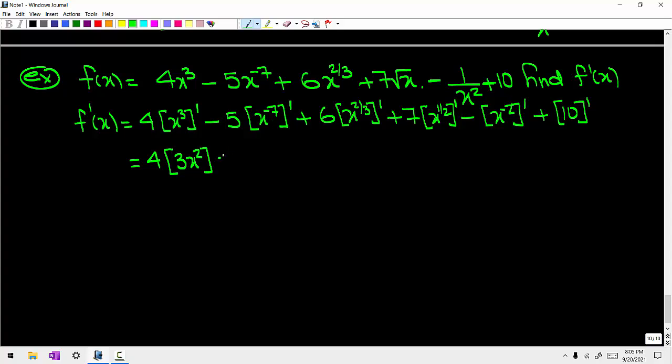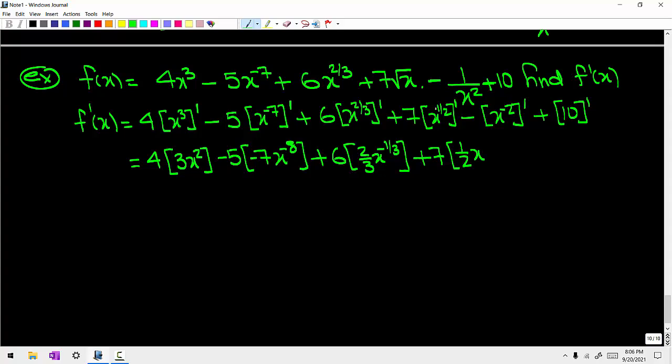Since this is a power function, the negative 7 will come in the front and the exponent will decrease by 1, so you get negative 8. Plus, out here we get 6 times the exponent 2/3 in the front and you decrease that by 1, so 2/3 minus 1 is negative 1/3. Plus, we get 7, the exponent comes in the front and you decrease 1/2 by 1, so you get minus 1/2.